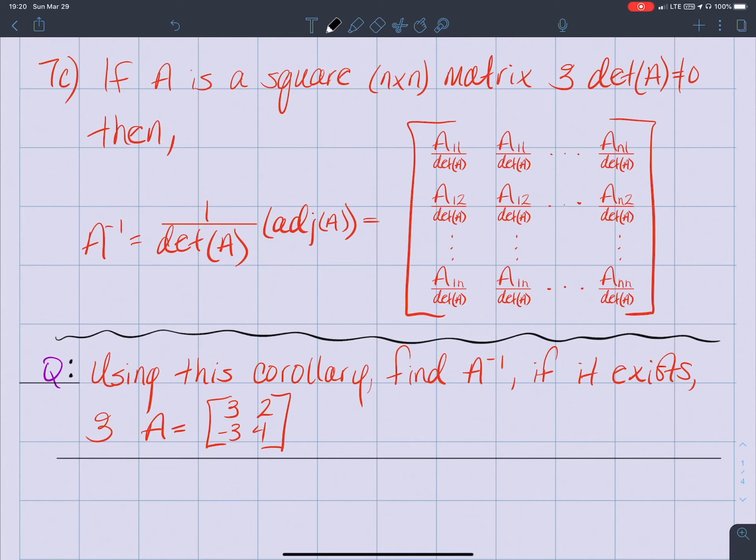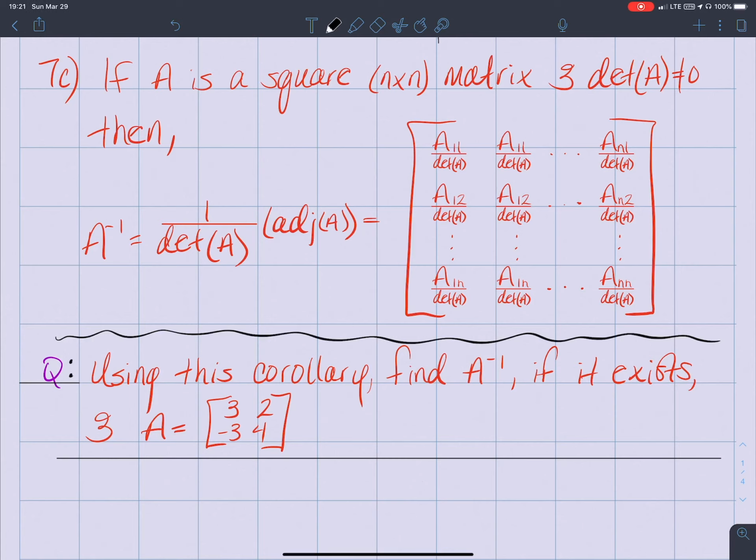This is really interesting because of what is called the adjoint. In linear algebra there are a couple of meanings of adjoint, but in this case we're just going to refer to it as a matrix where the ith and jth entry is the cofactor transpose. So it's basically a square matrix of the transpose of its cofactor matrix.